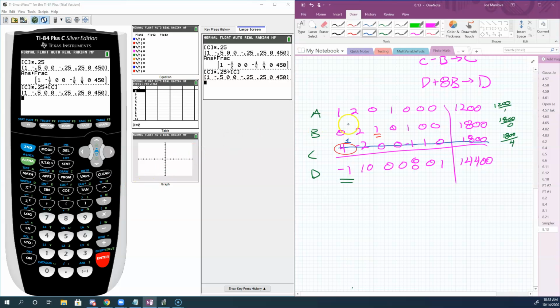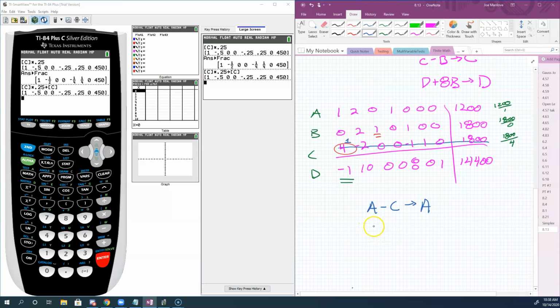So what do I need to do with row A? Does that need modification? You would subtract the pivot row from row A. Yep, so I'm going to subtract my new row C, and I'm going to store that into where? Does it get stored in A or C? A. Good.